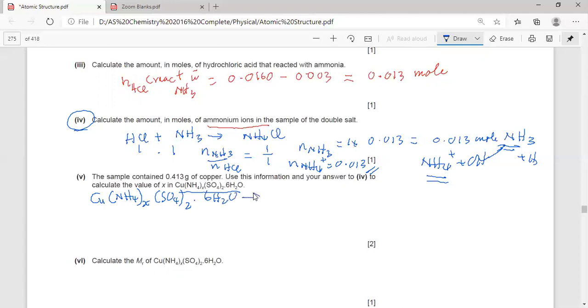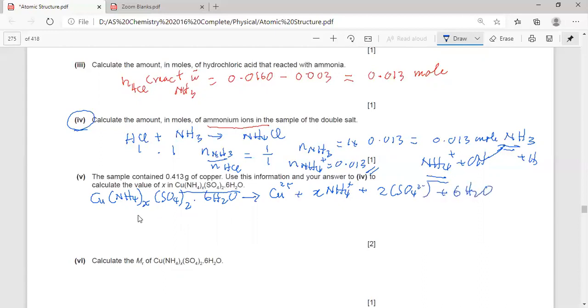If I break it up, it gives me 1 mole of copper, plus X moles of ammonium ion, plus 2 moles of sulfate ions, plus 6 moles of water.